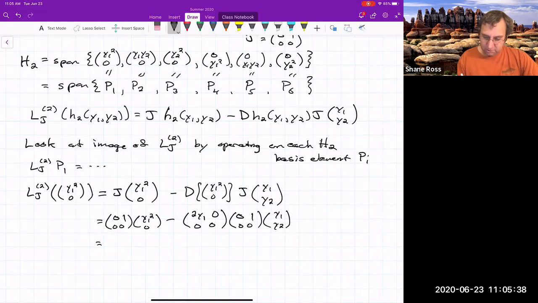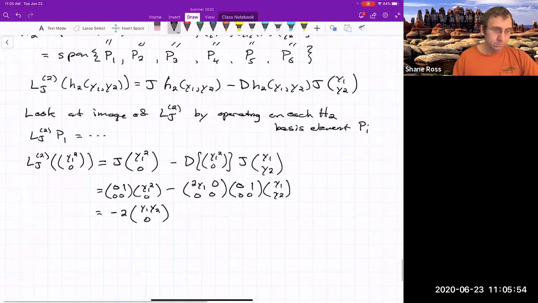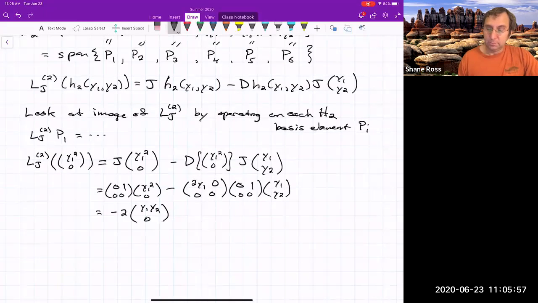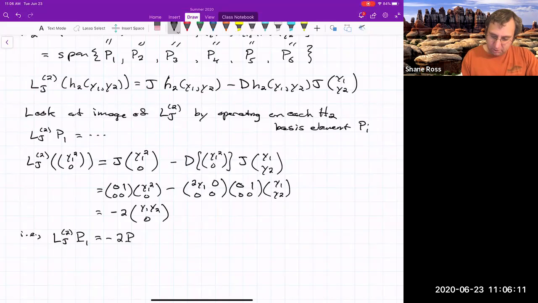The first thing just gives us 0, and we'll get something from the second term, which is negative 2 y1 y2. What do you know? It's another basis element. So it's negative 2 times one of the basis elements.